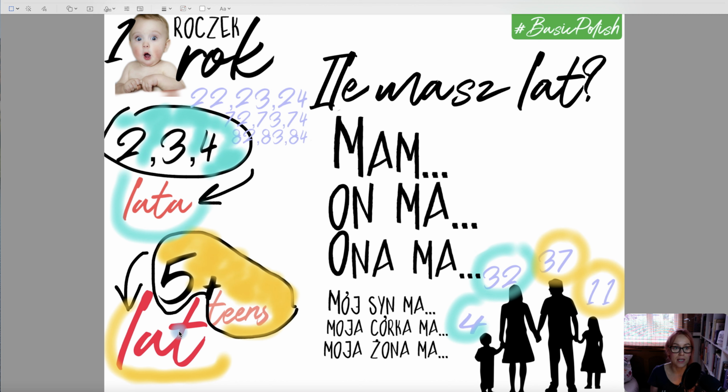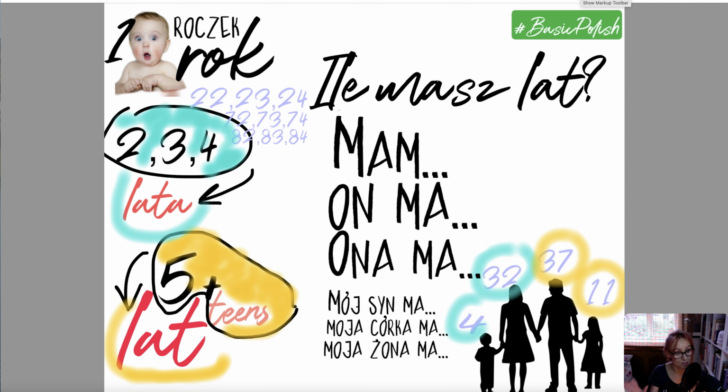Okay, so this is something for you to practice. This is something that will take you a while to get used to, as this is a completely different way of expressing age than you use in English, obviously. But it's something extremely important. It's really important to be able to use this template correctly. So remember, 2, 3, 4.